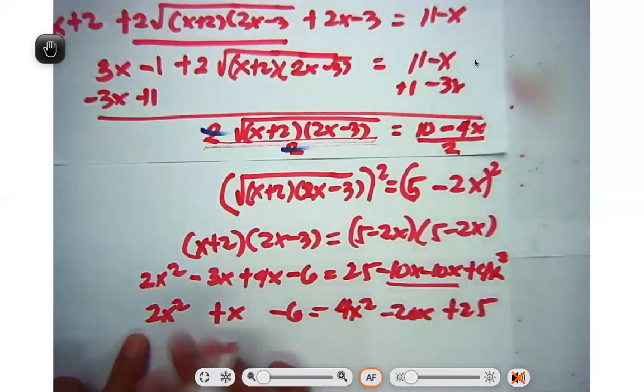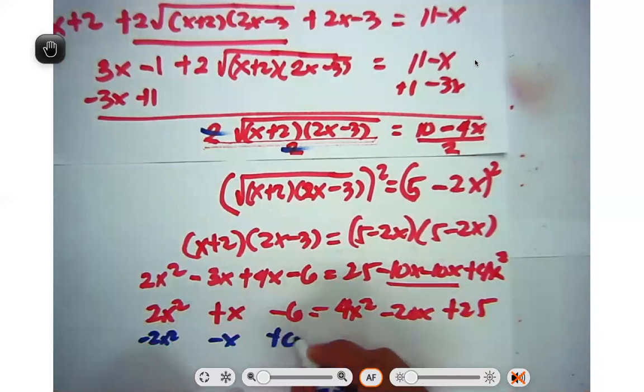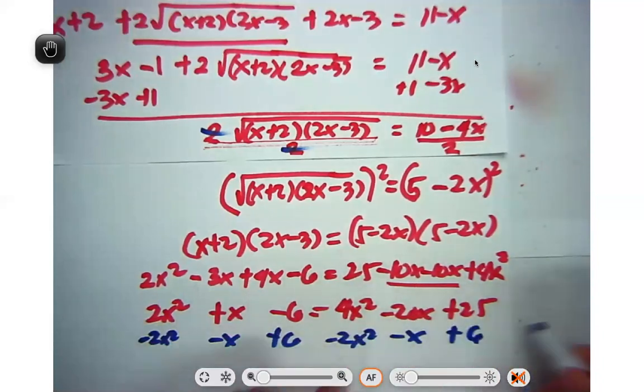So we get rid of this. Let's make the left side 0: minus 2x squared, minus x, plus 6. Here, same thing, minus 2x squared, minus x, plus 6.